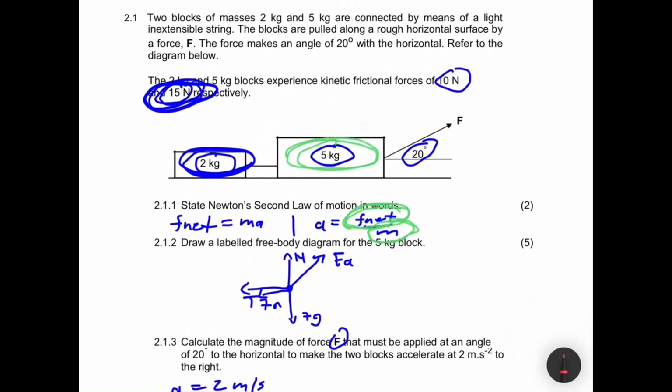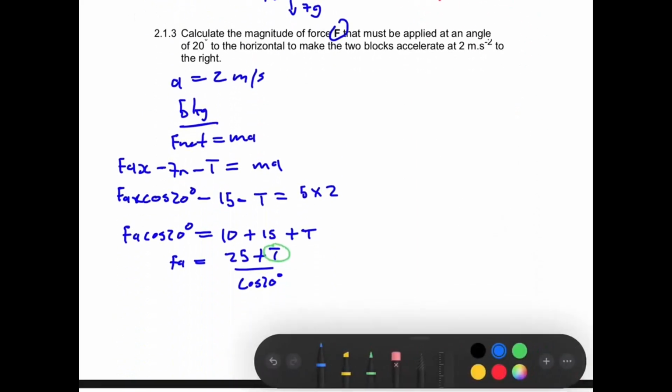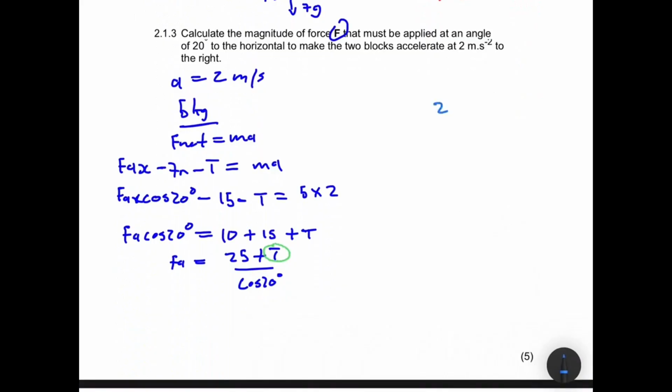So from the 2 kg block, there is the tension that is pulling it to the right and the frictional force that is pulling it to the left, right? So we're going to have something of this manner. So we have 2 kg, and we know fully well that F net is always equal to ma.